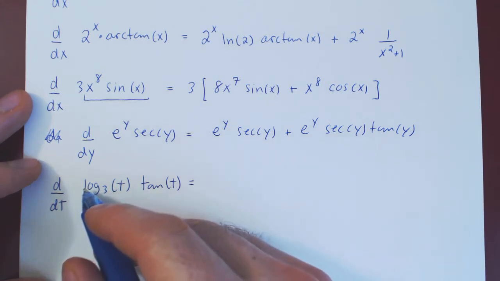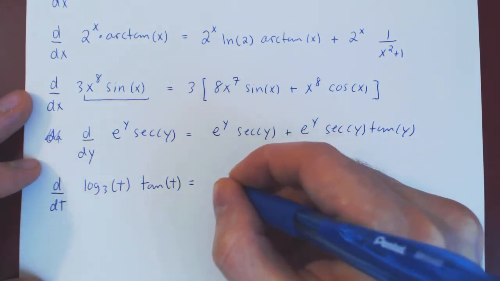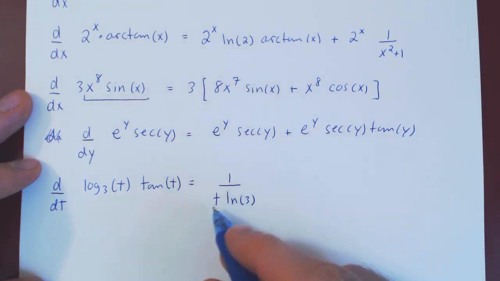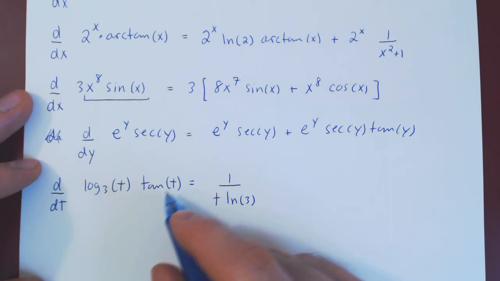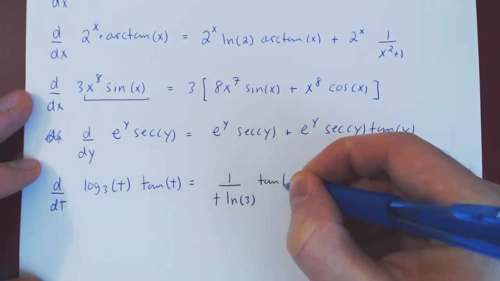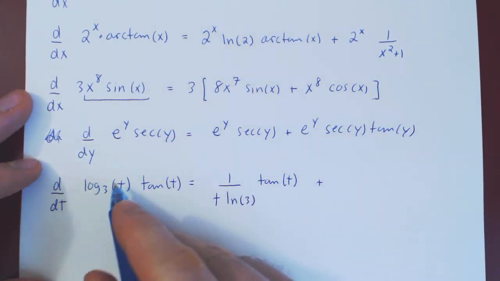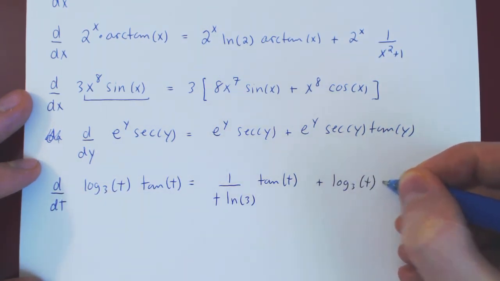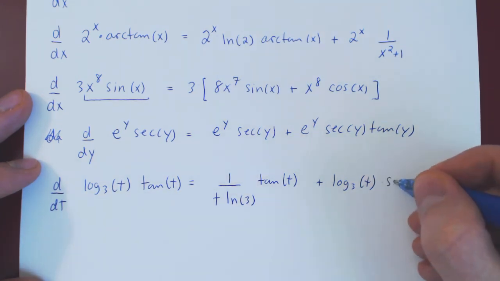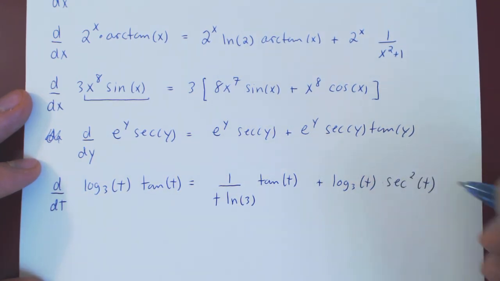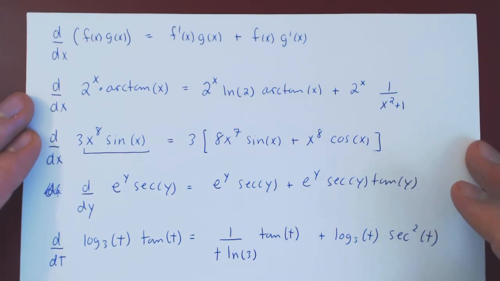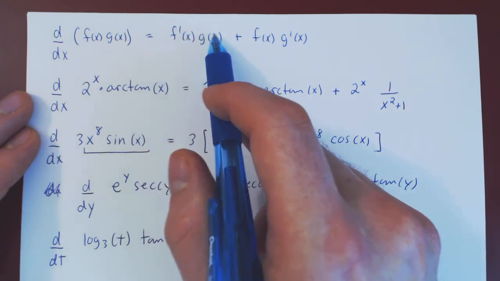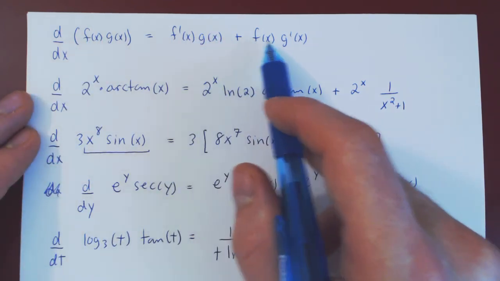Well, the derivative of log base 3 of t, if you remember, is 1 over t times the natural ln of 3, so 1 over t ln of 3, times tangent of t, plus the first function, log base 3 of t, times the derivative of tangent, which is secant squared. And that's it. So always remember, the derivative of a product is the derivative of the first function times the second, plus the first times the derivative of the second.